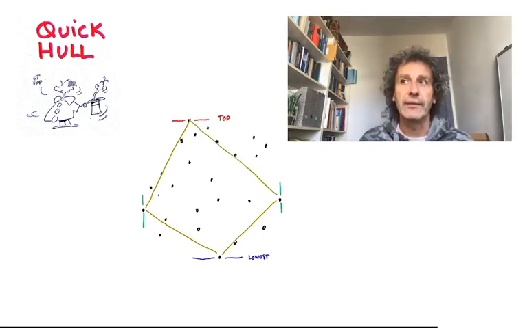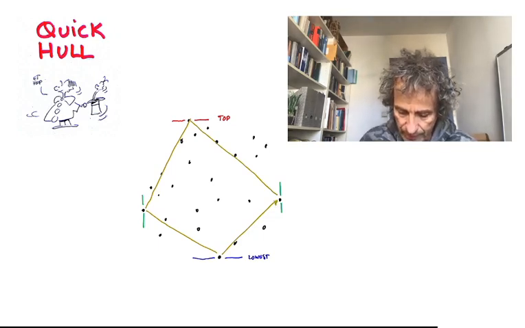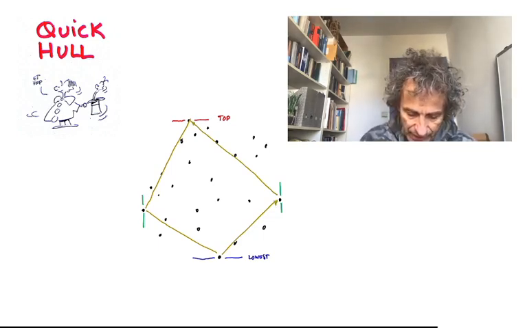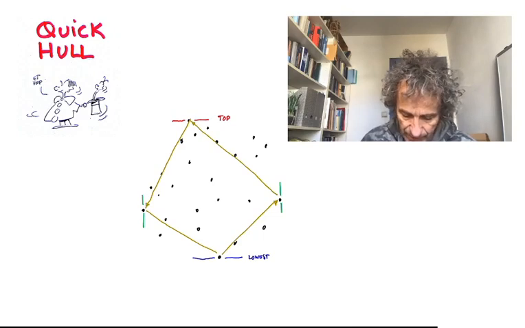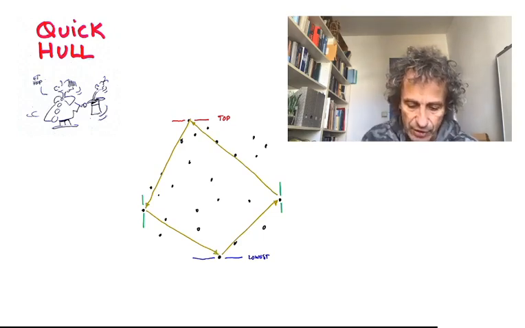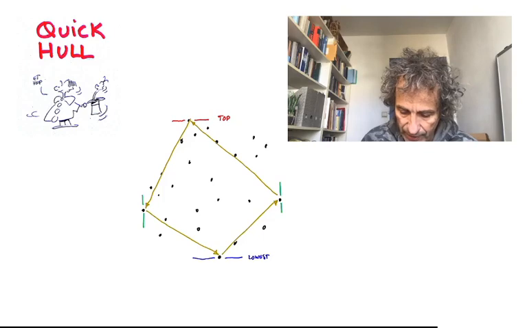And you can eliminate all nodes that lie on the outer side of the four segments, but you still have some remaining nodes like this one, this one, this one, and this one.